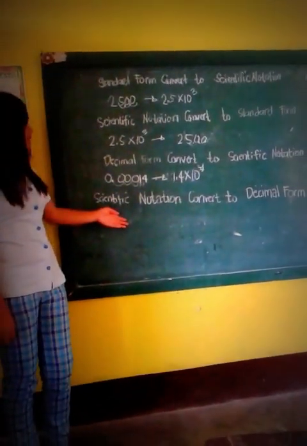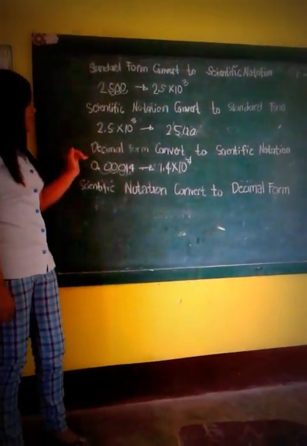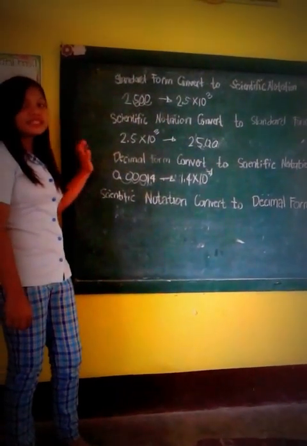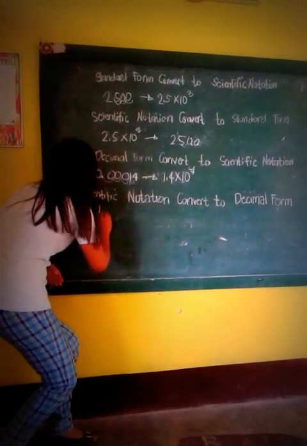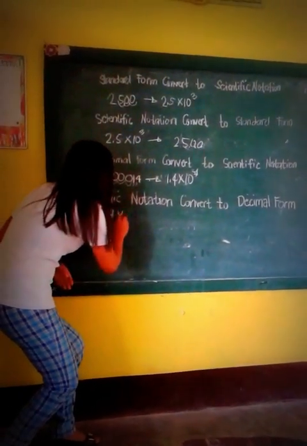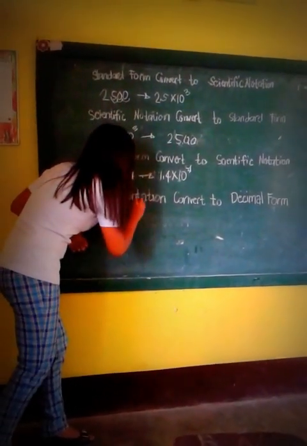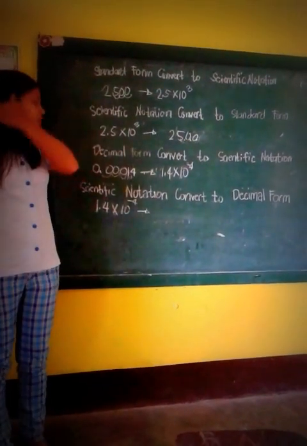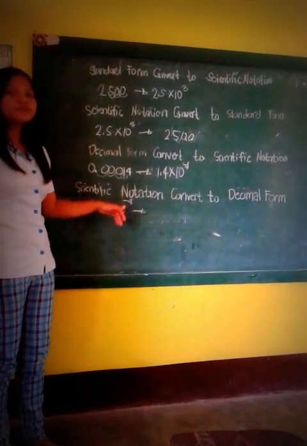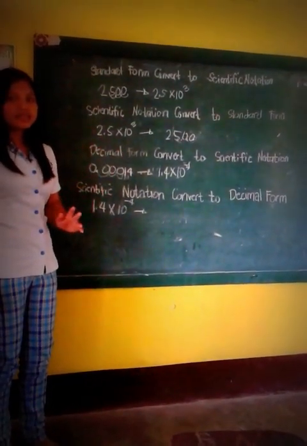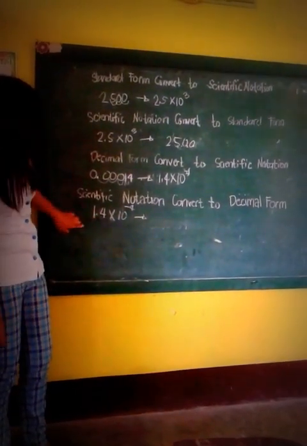Then step number 4, scientific notation converted to decimal form. The same as the third step, it is the opposite. So use this scientific notation: 1.4 multiplied by 10 raised to the power of negative 4. So the thing that we are going to do in order to get the decimal form is just move the point 4 places. So which side are we going to move?